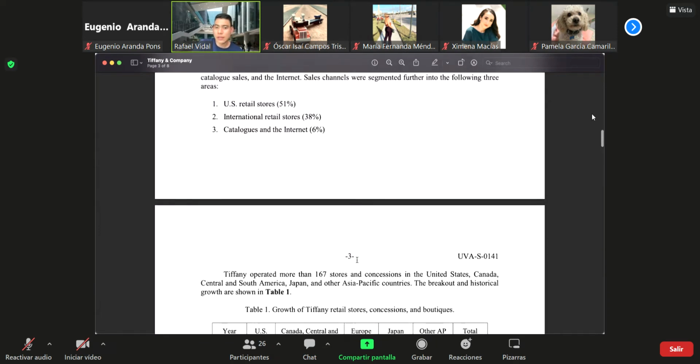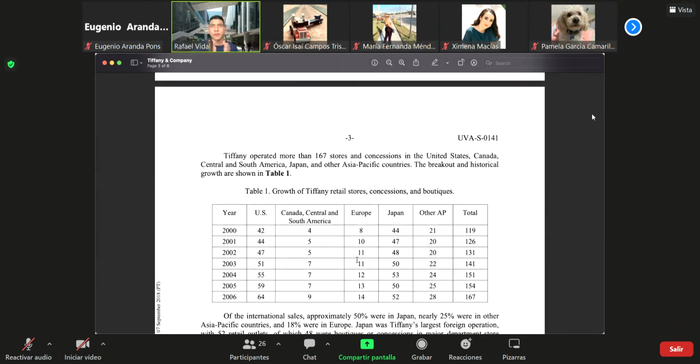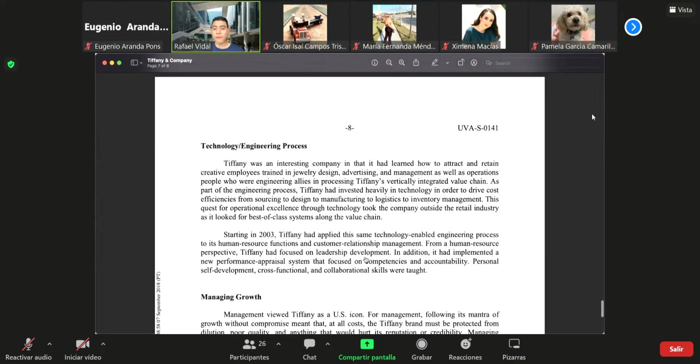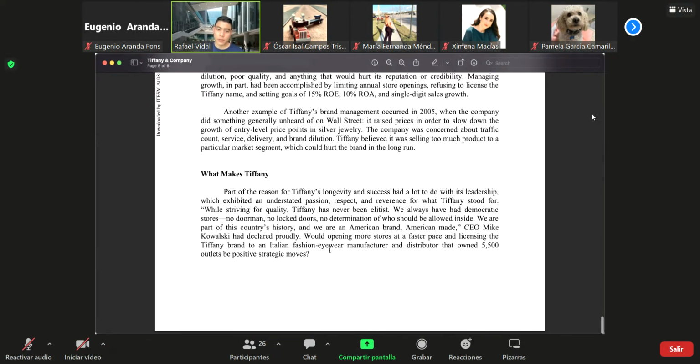So what I'm saying here is that Tiffany & Co. has the same values as Luxottica. So this might seem kind of a good thing for them, but we'll see with the numbers. The question here is, they have been growing at a fast pace in the USA and also in Japan and in Europe. They have been increasing their retail outlets.